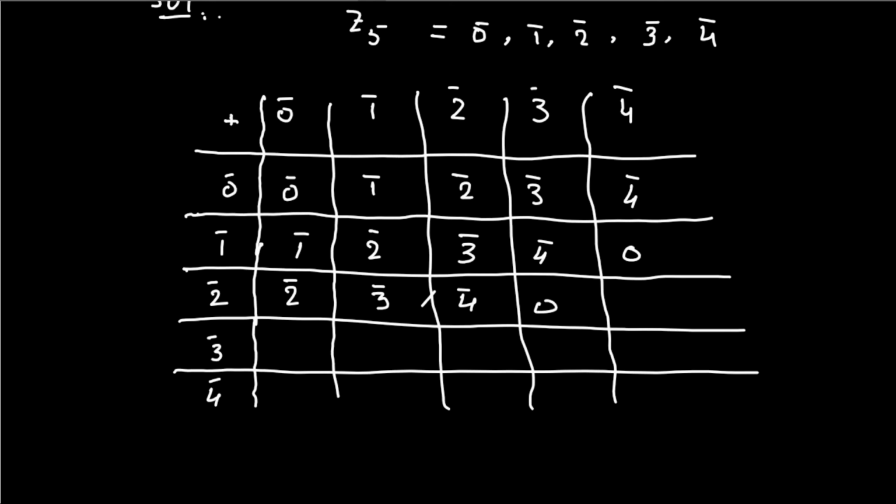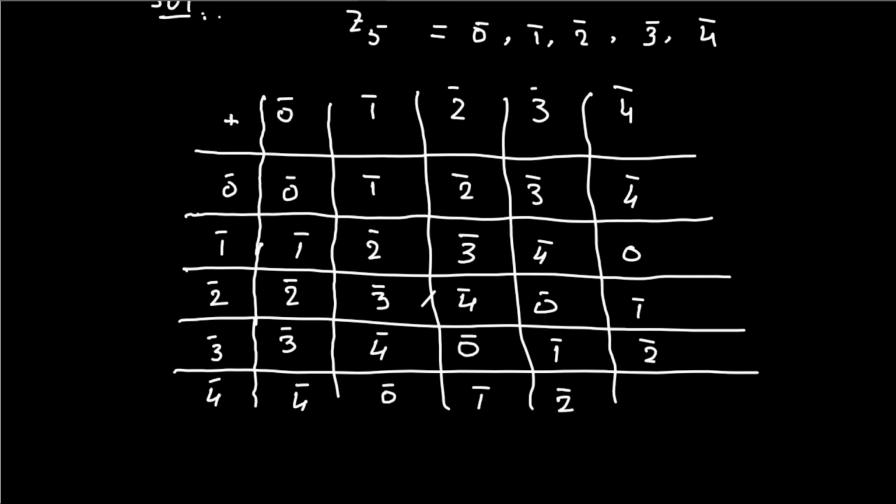Yes, it is very simple. So where you get 5, you will get 0. If your answer is 7, 7 means your remainder is 2, and if you get 8, then your remainder is 3. So you will write the remainder after adding, if your answer exceeds 5.